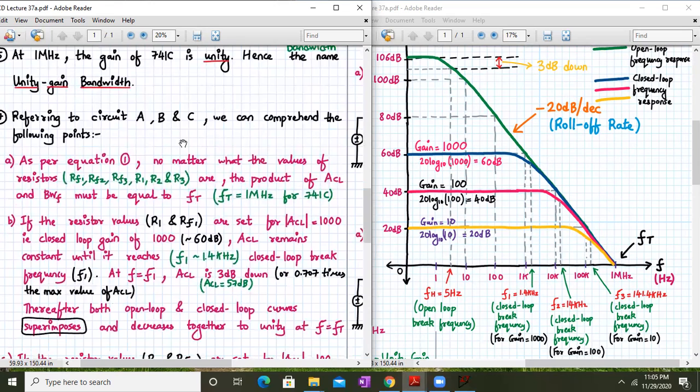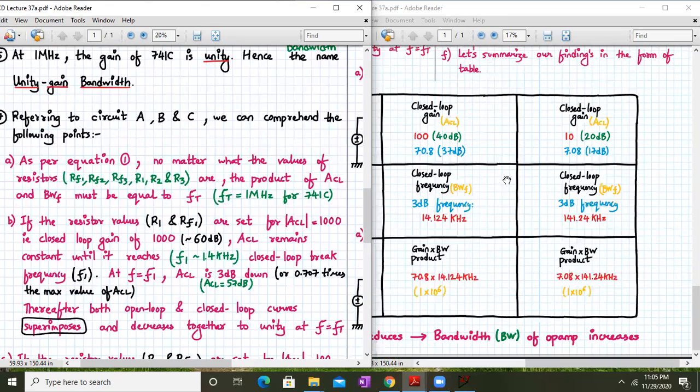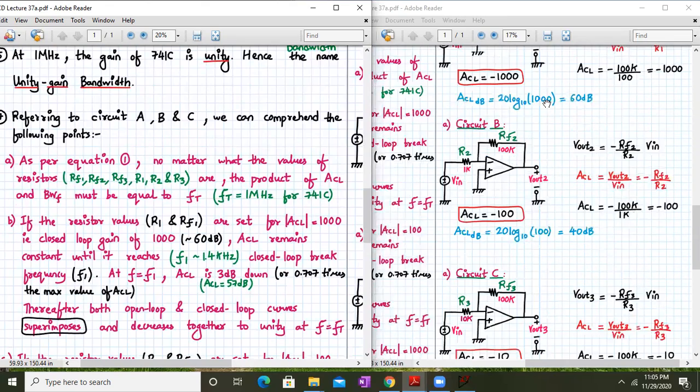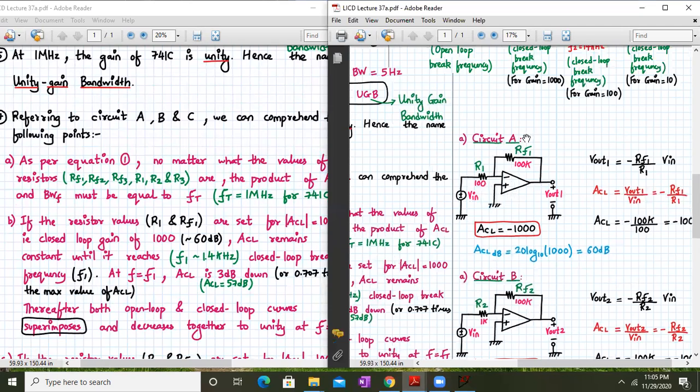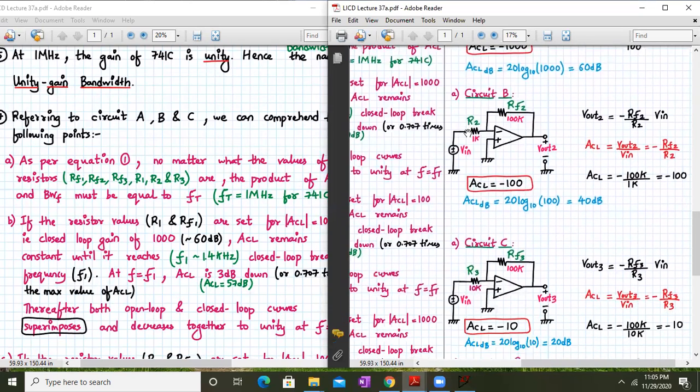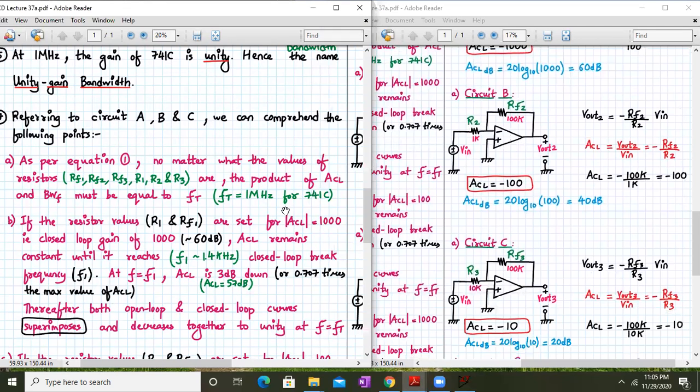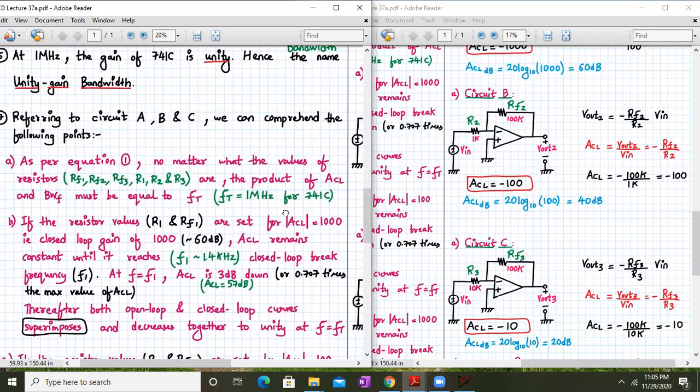As per equation number 1, no matter what the values of resistors RF1, RF2, R2, R1, RF3 and R3 are, the product of ACL and the bandwidth must be equal to FT, the unity gain frequency, which is 1 megahertz.